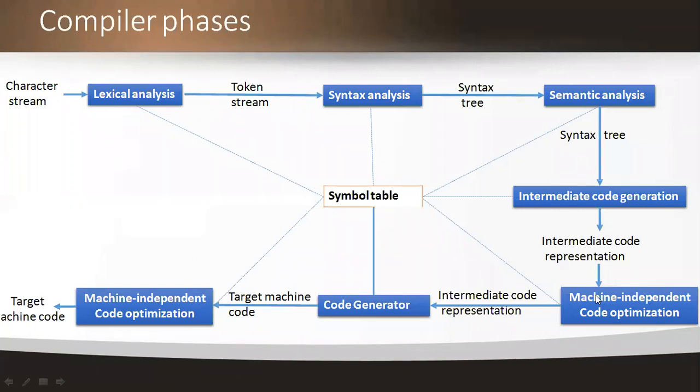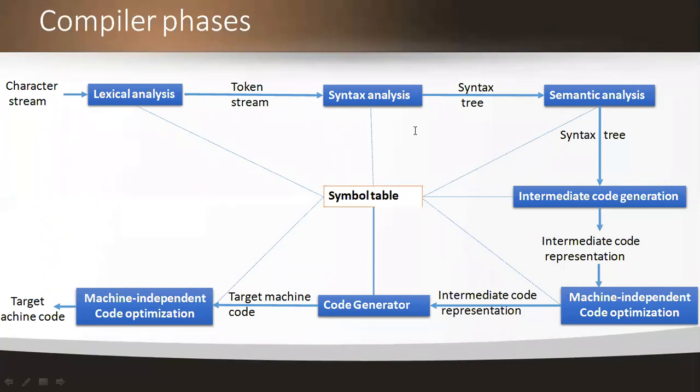By performing the techniques of code optimization, we are minimizing the lines of the code, and again the output is in the form of an intermediate code representation. Just by minimizing or improving the code efficiency, we again generate the code in the form of an intermediate code representation. Now this is taken as an input to the code generator.